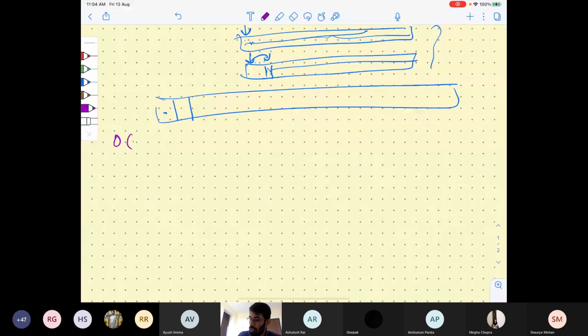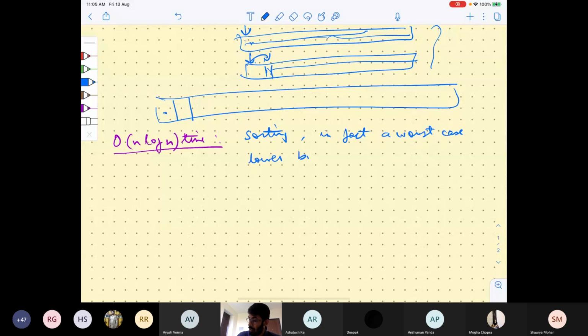Then we have order n log n time, which might seem a bit artificial, but this is very essential in sorting algorithms. This is in fact a worst case lower bound for sorting.